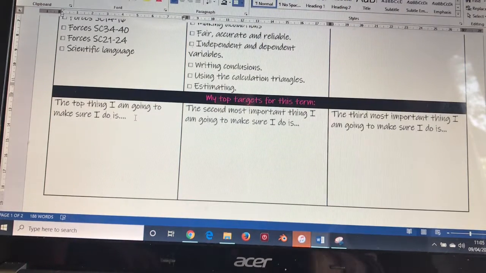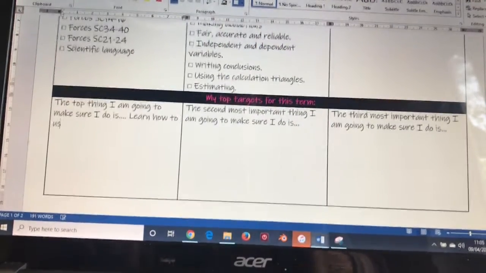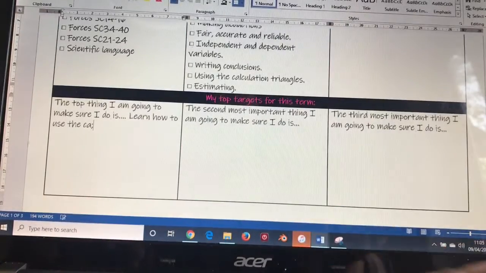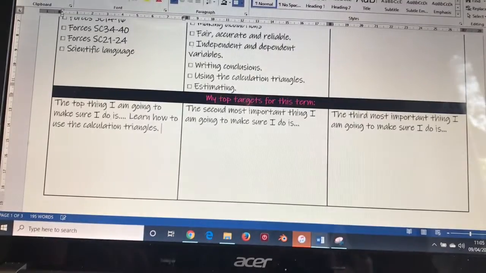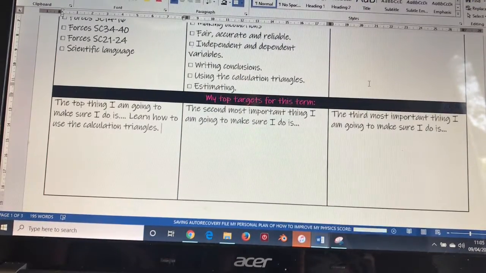So in here you would put, the top thing I'm going to make sure I do is learn how to use the calculation triangles. Okay, and then you're going to do exactly the same thing for your second target and your third target.